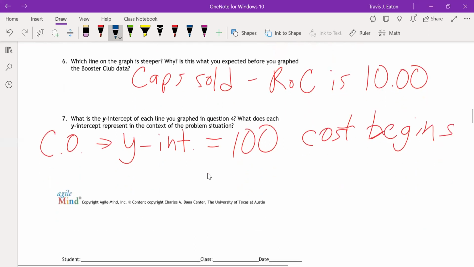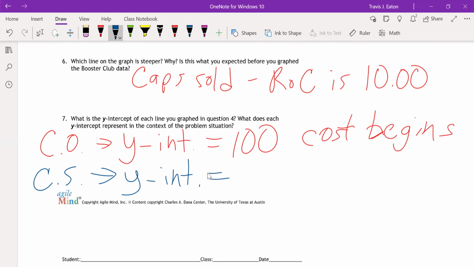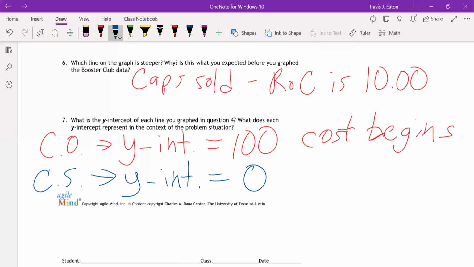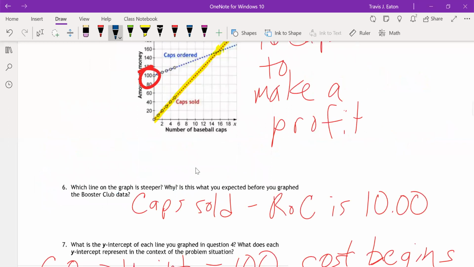caps sold, the y-intercept, where does that one cross the y-axis? Where does caps sold cross the y-axis? The y-intercept. And that one, yes, thank you. That's at 0, right? The y-intercept is 0 because when it crosses the y-axis, it crosses it right here at 0, 0.